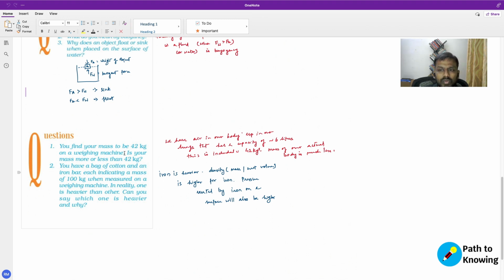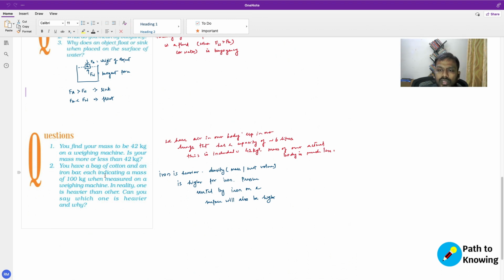If you really take my pure mass, it is going to be less than 42 kgs. My real mass is actually the mass of my body parts alone, excluding the air particles. But the weighing scale will not be able to differentiate that. It gives me the mass of my body plus the air inside my body. So my real mass is actually less than 42 kgs.